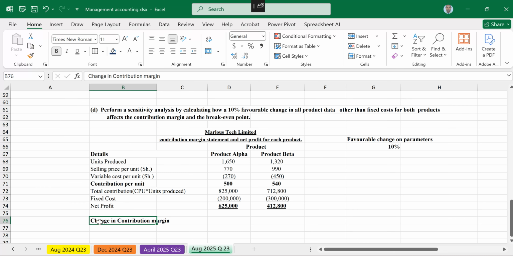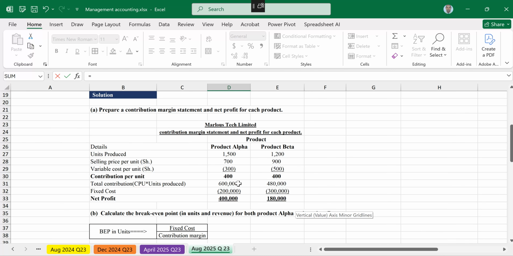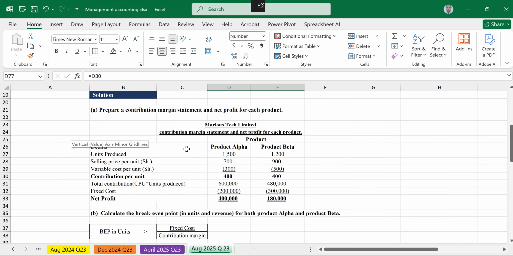Previous or old contribution margin: go up and take the old contribution margin, which is 400. So the other one was 400.